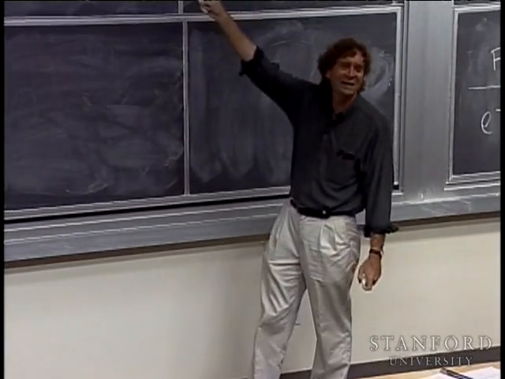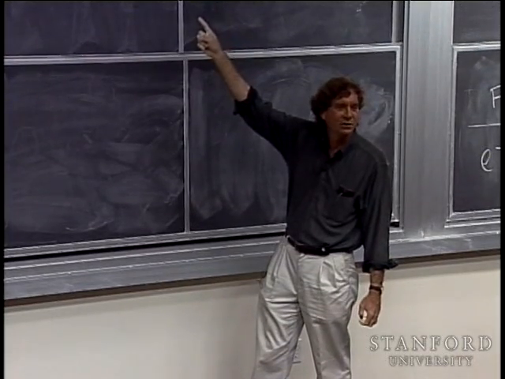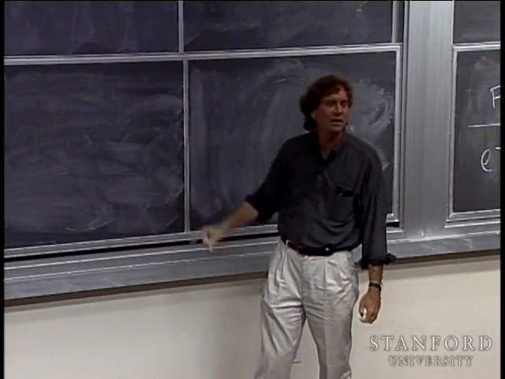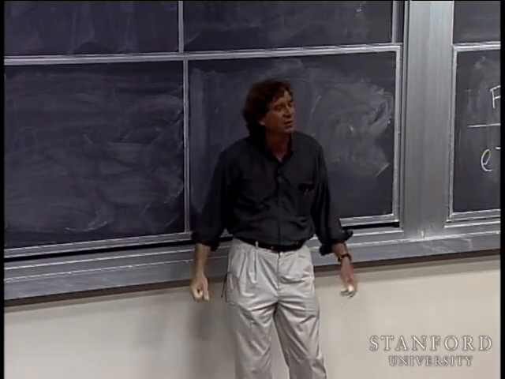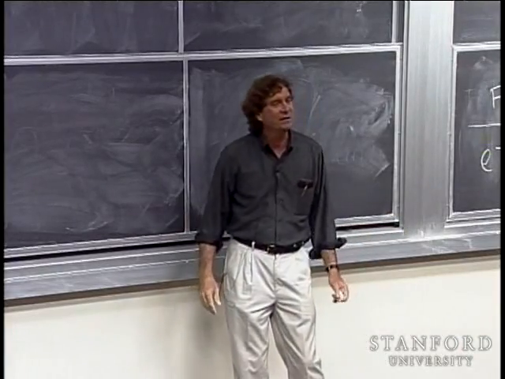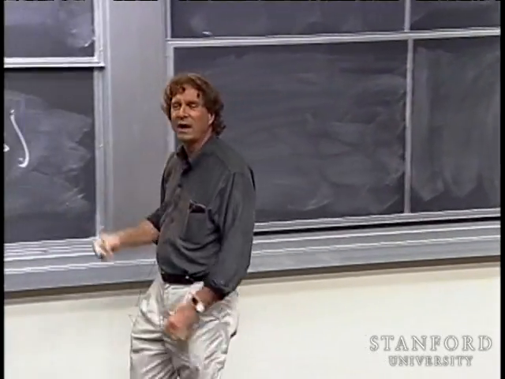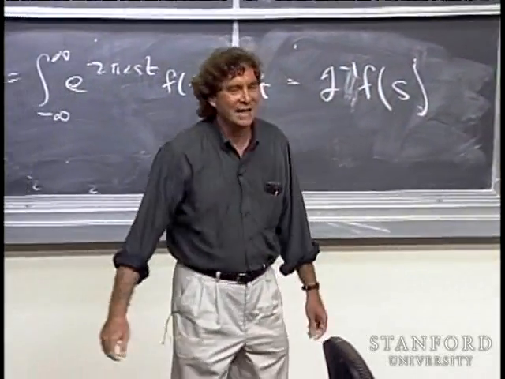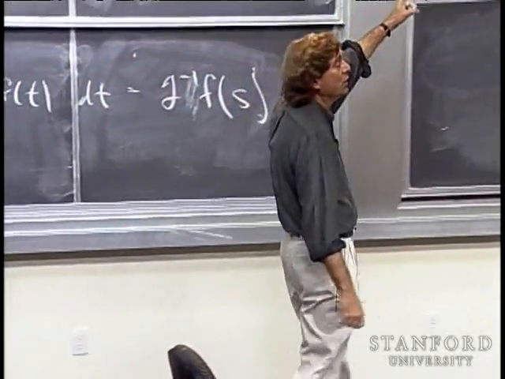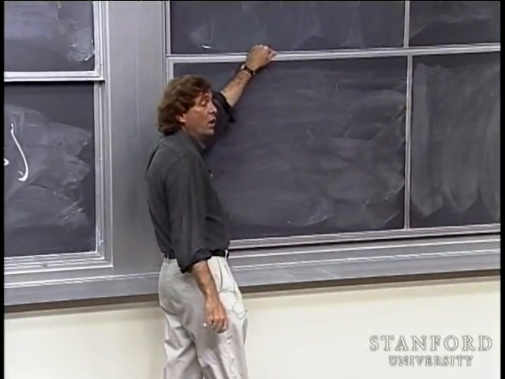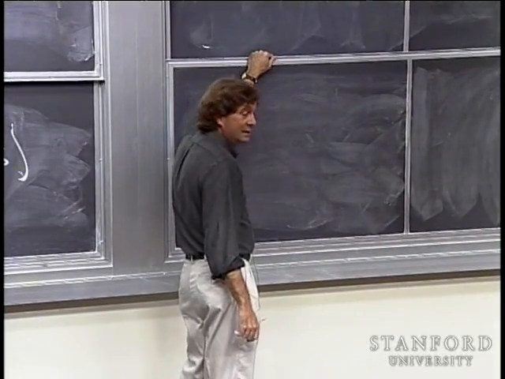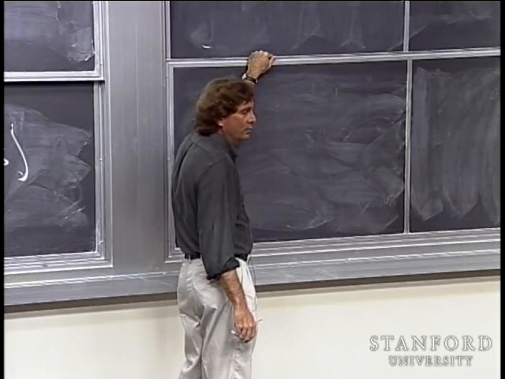If you use the capital letter notation, that would give you fits, because the capital letter notation somehow forces you to distinguish between the two domains, little f of t, capital F of s, and that would make it hard to write down that formula in a way that really made sense. But if you use the operator notation here, then it's easy to write down, it's unambiguous, and there's no problem with it.